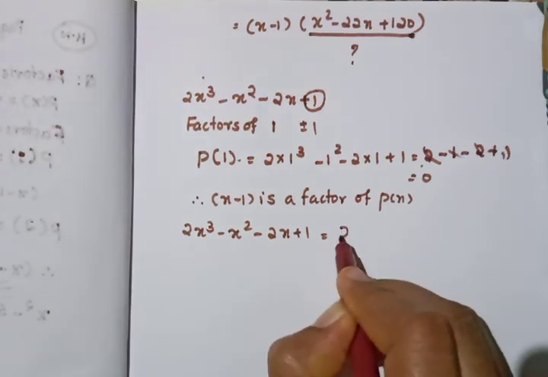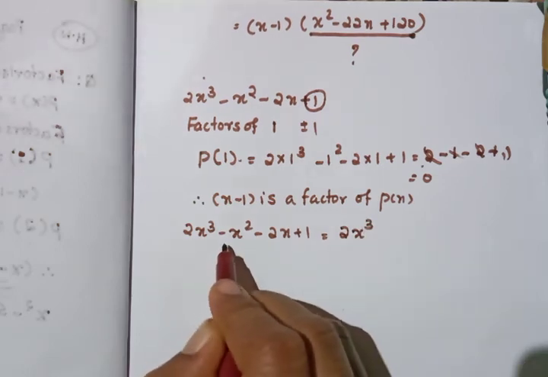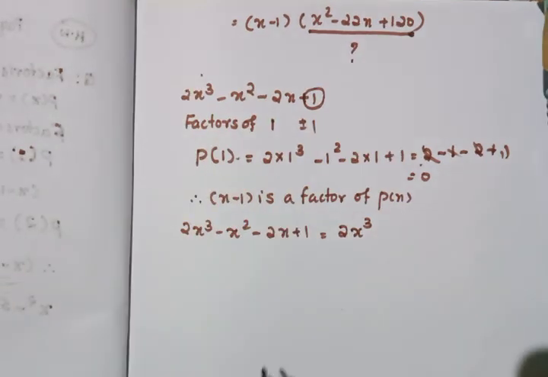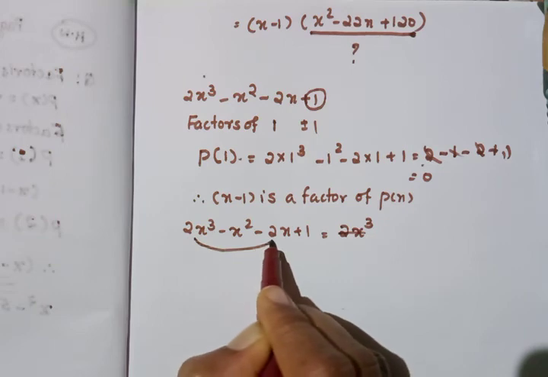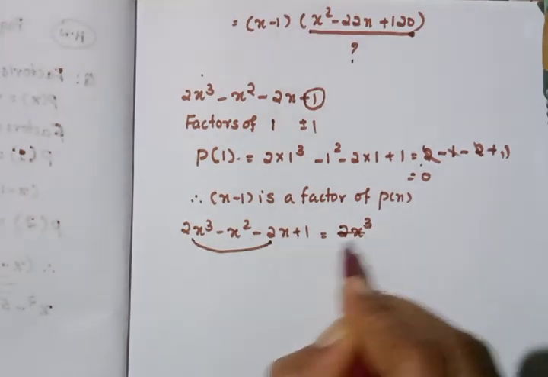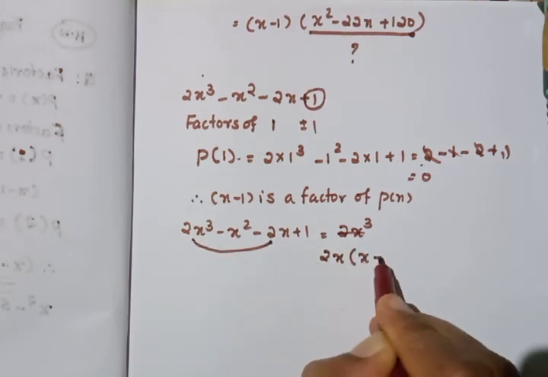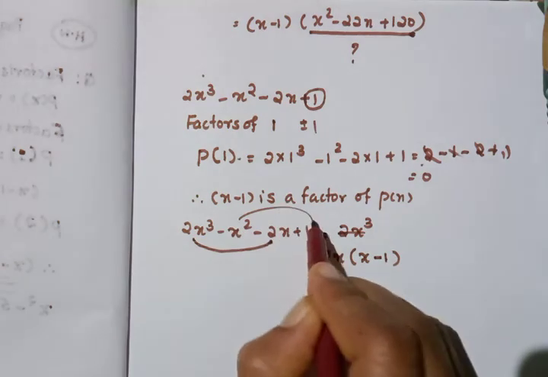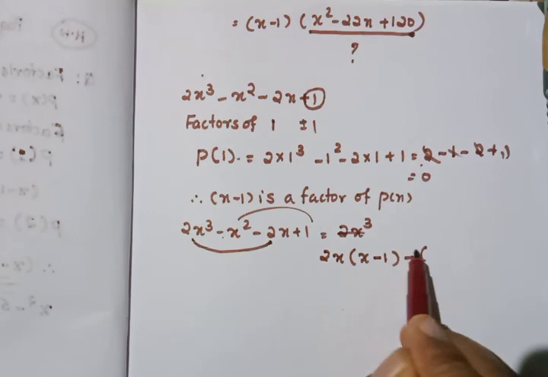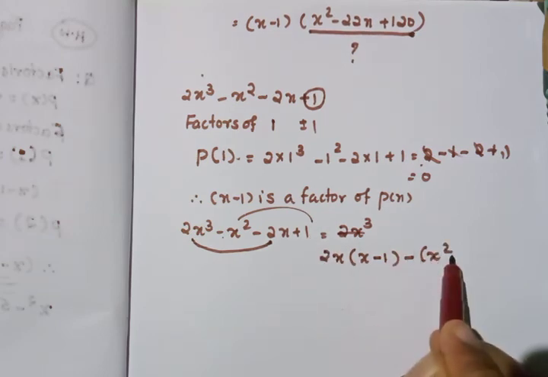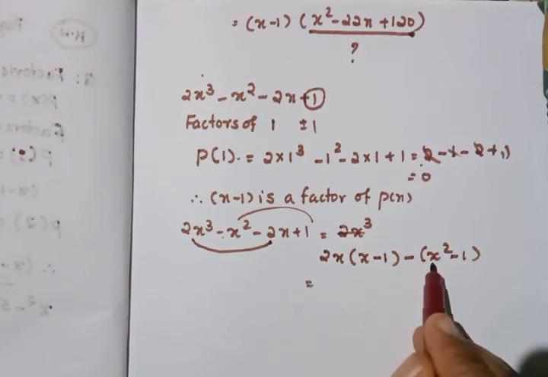Okay, see, 2x cube, it is what? Minus x square. Ready? So here you see, from 2x cube and 2x, is there any common factor? Yes, you have 2x is common. 2x into x minus 1. Now see these two terms, minus is taken out. So what is getting? Negative x square becomes positive x square and positive 1 becomes negative 1. Correct? Okay, you will be having doubt, why here x square minus 1?